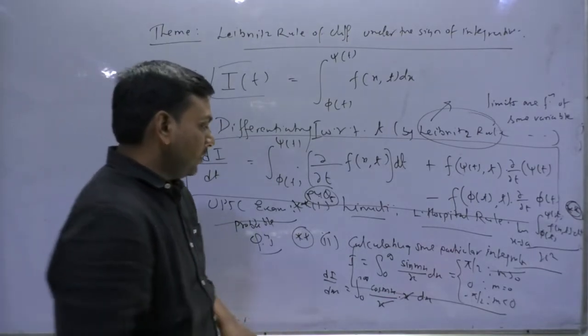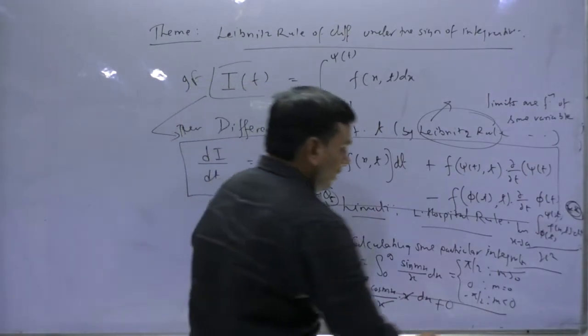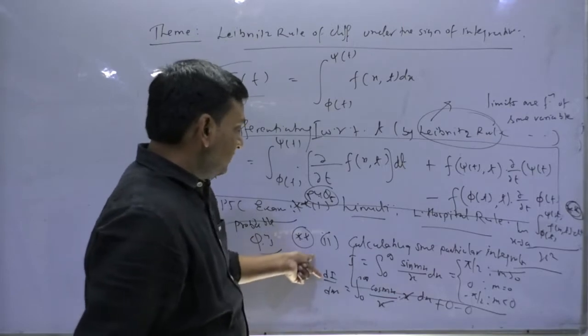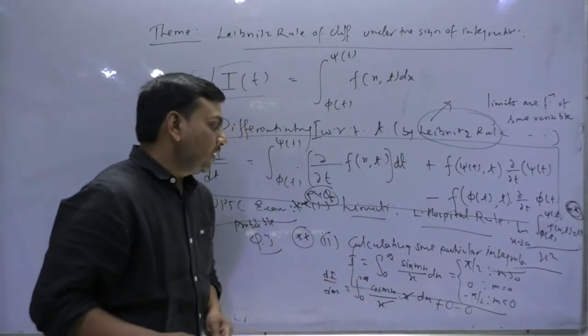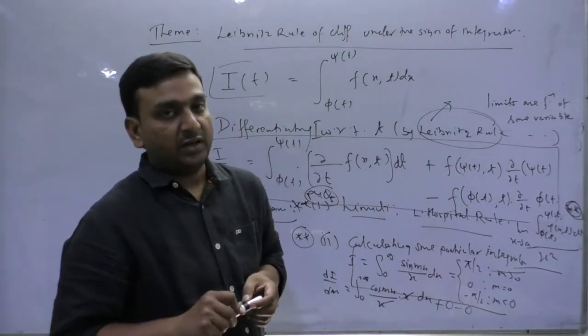So plus upper limit is constant, so differentiation 0, minus lower limit is constant, so differentiation is 0. Ultimately I have dI upon dm as 0 to infinity cos mx dx. Is that clear or not?